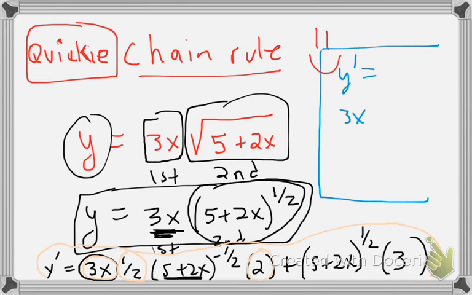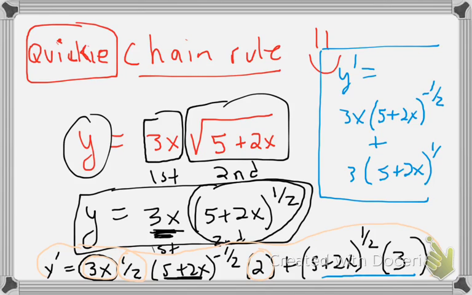So we're going to have 3x, and then we'll still have our 5 plus 2x to the negative a half. And then on this side of things, style-wise, 3 is a coefficient, so you like to float that out front. So plus 3, 5 plus 2x to the positive a half.